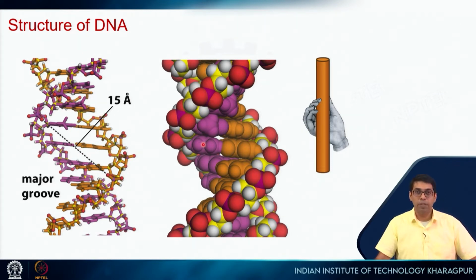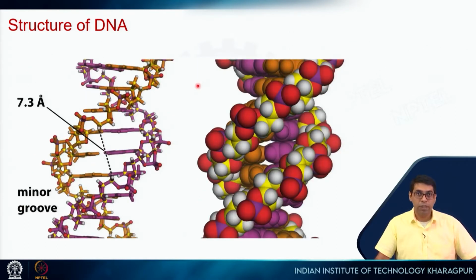If we represent each atom as a sphere instead of ball and stick, you can clearly see the formation of a groove. This groove is called the major groove.